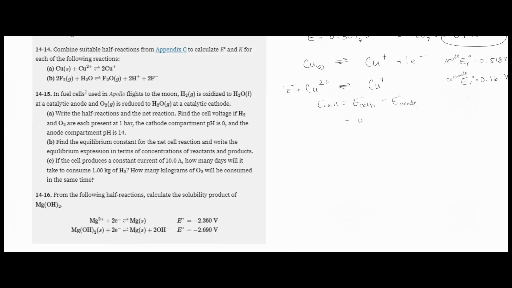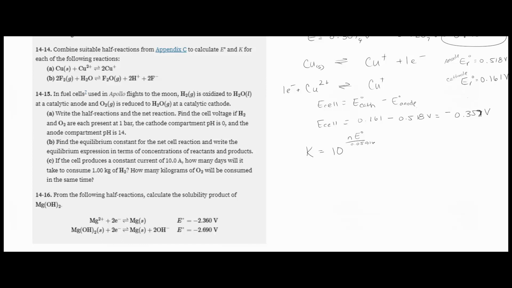So I'm going to take 0.161 and I'm going to subtract 0.518 volts. So the E of my cell for this particular cell is going to be a negative 0.357 volts.